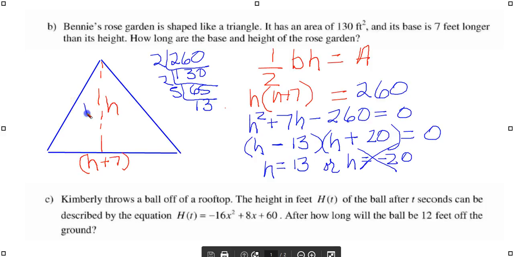So our height is 13, and 13 plus 7 is 20. And if we multiply that together, we get 260. These are our answers. And again, you're looking for a model. If you get a problem like this, you have it written in your log, as you do practice and quizzes, including a diagram, and in your class booklet here as well.